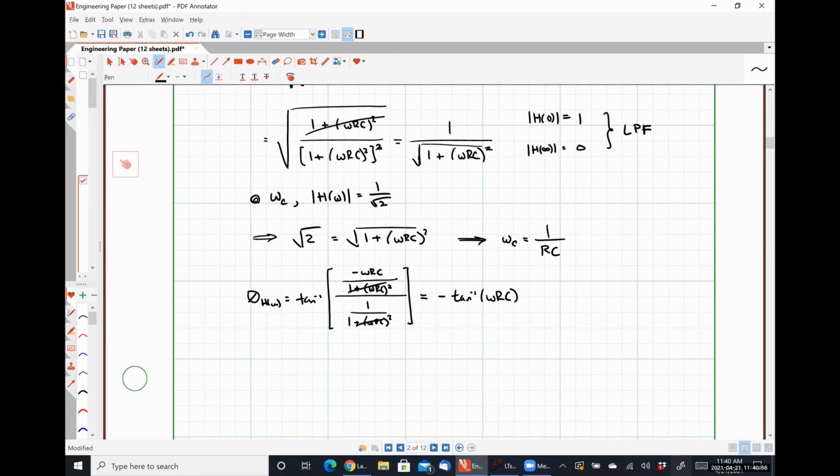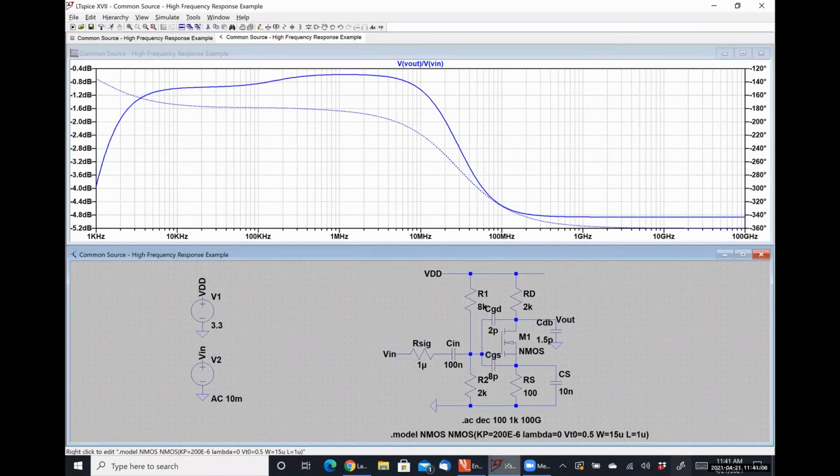I'm trying to decide whether or not I want to show you what this is going to look like on LTSpice or move ahead. Let's look at, I have something pulled up on LTSpice right now. This is for a particular transistor amplifier, way more complex than what we're doing in this class, obviously.